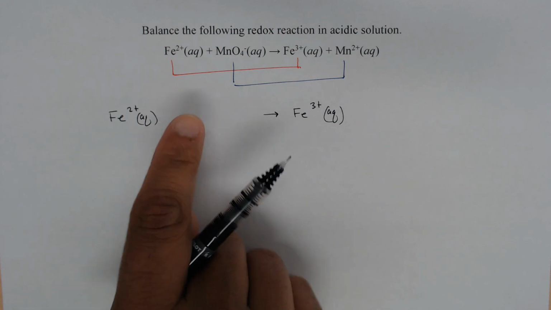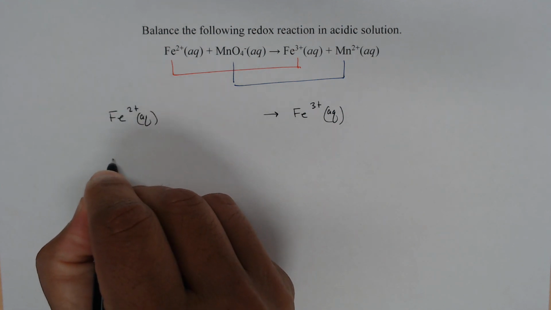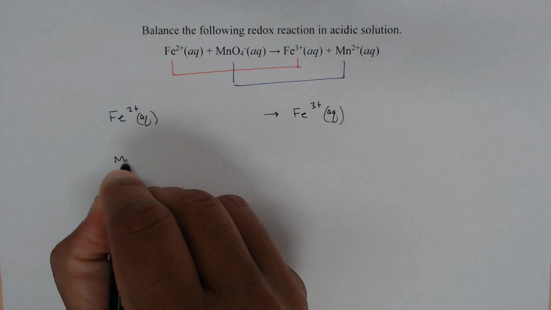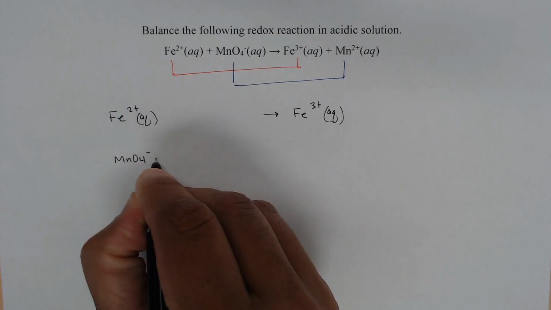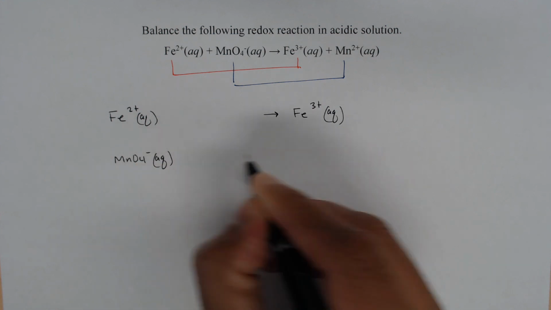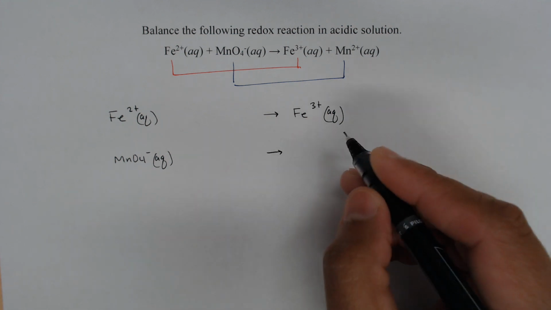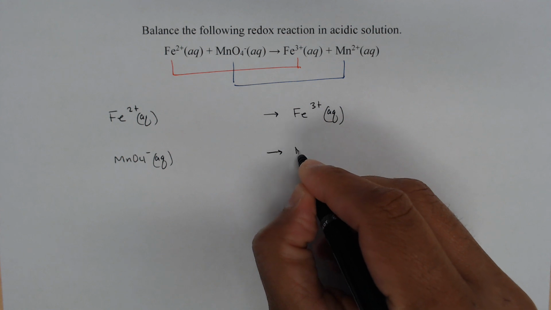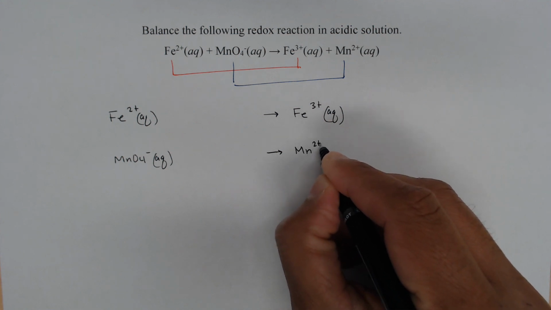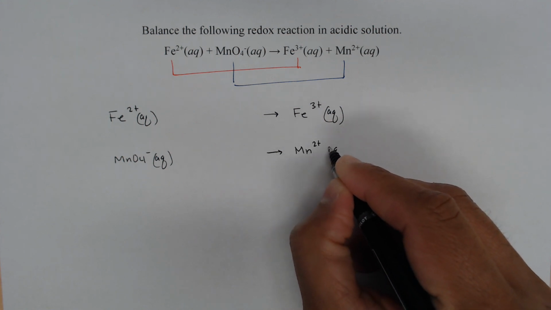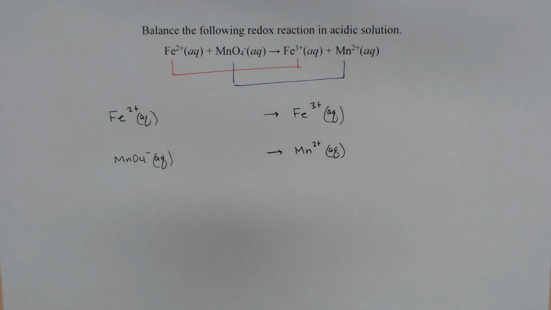And in the second half reaction, we have the permanganate. Again, I'll leave myself some space because I might have to add some things in here. And the product is manganese 2+.